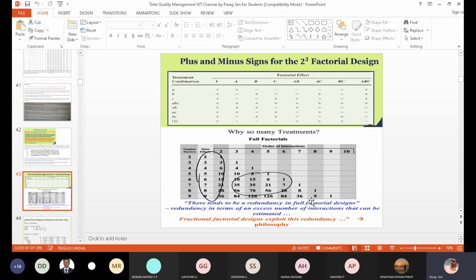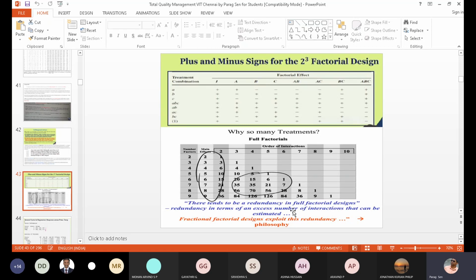It means that as you increase the number of factors, and as you increase the levels also, mainly factors, because in case of levels we consider a maximum of 2 or 3, the number of tests to be conducted for a full factorial design also increases.